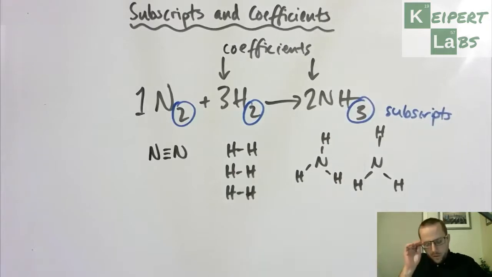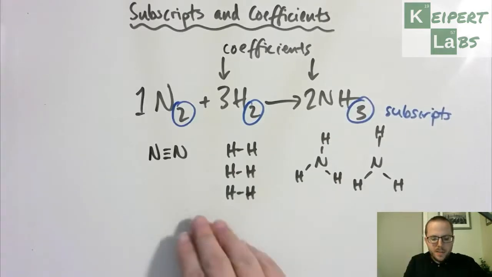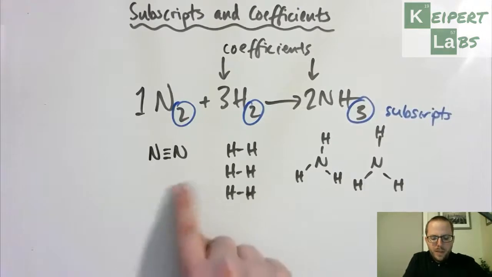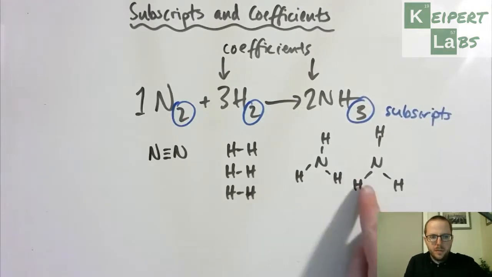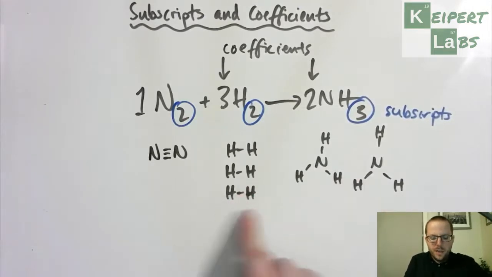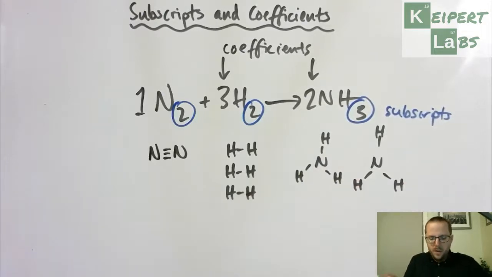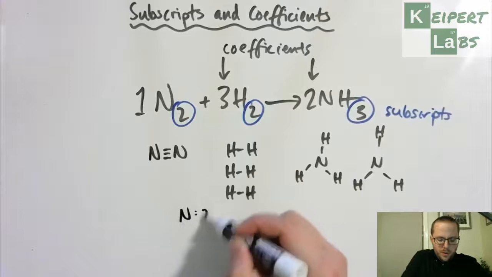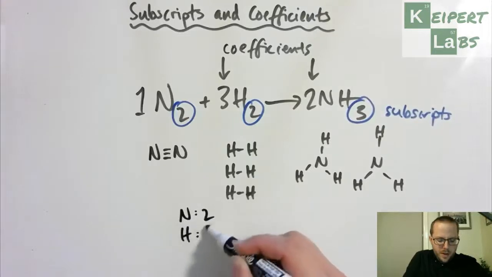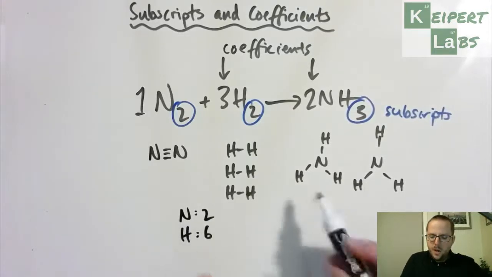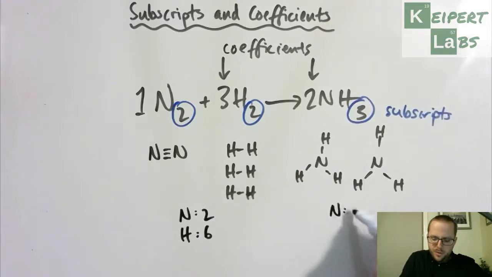This is not a new concept. But what that means is that every N I write over here needs to be over here as well, and every H over here needs to be accounted for here as well. So I've got 2 nitrogens and 6 hydrogens. Over here I've got 2 nitrogens and 6 hydrogens.